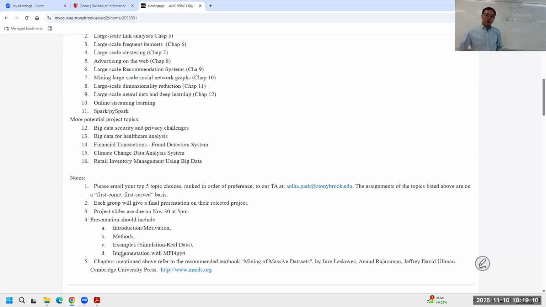Then we also want you to include the implementation with MPI for Py. Basically, you need to have some kind of script, a Python script, which can be submitted. You can either include it in your slides as more slides, or as a separate script file.